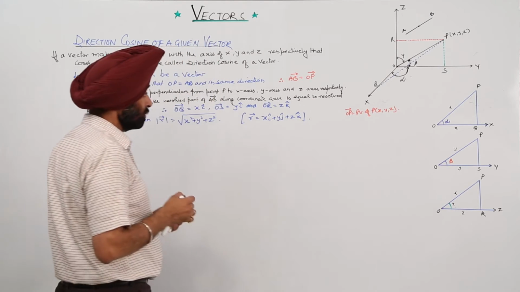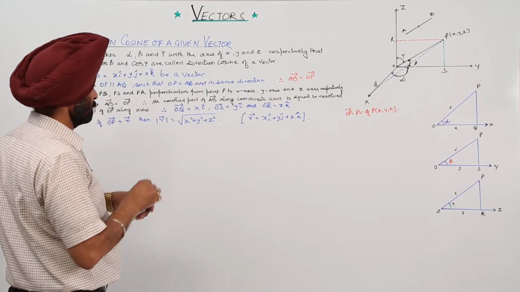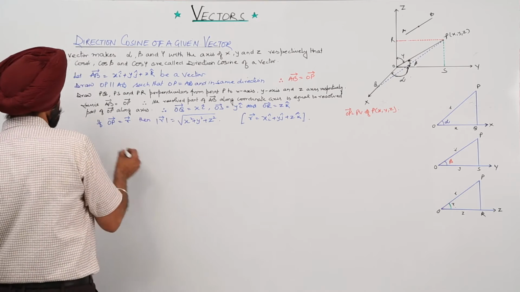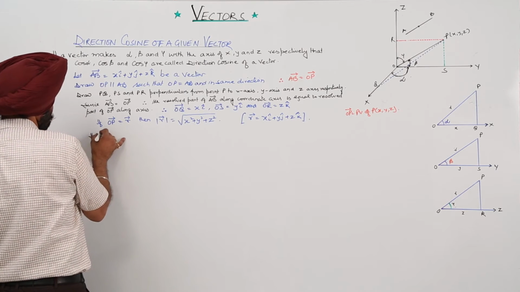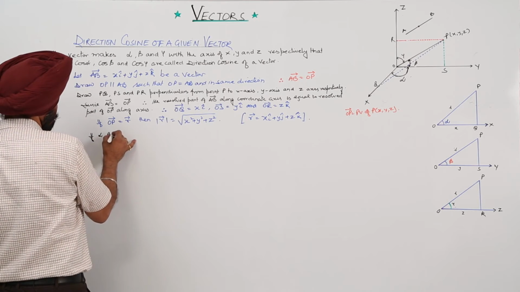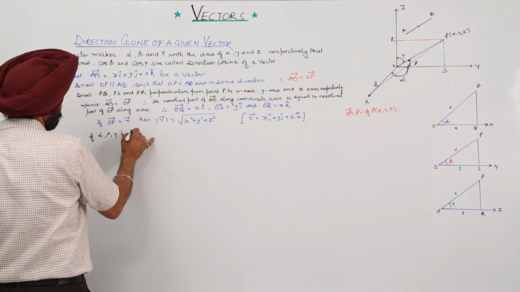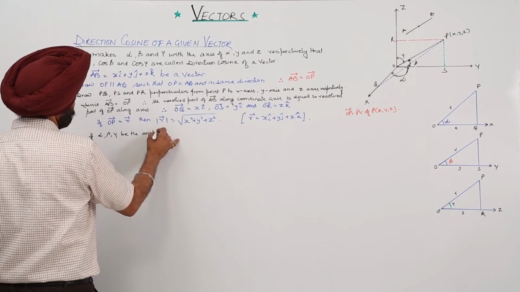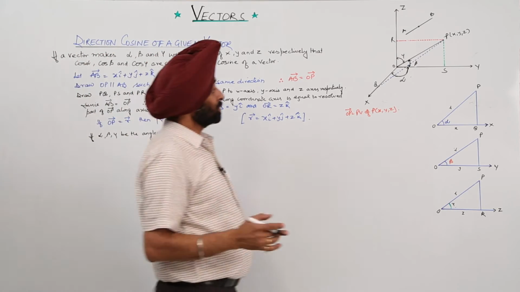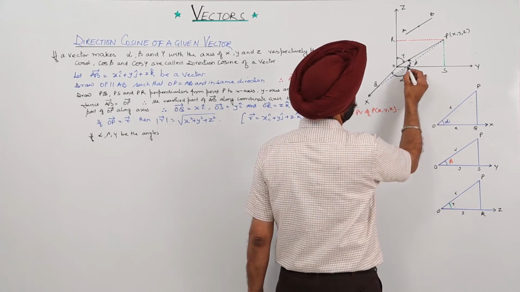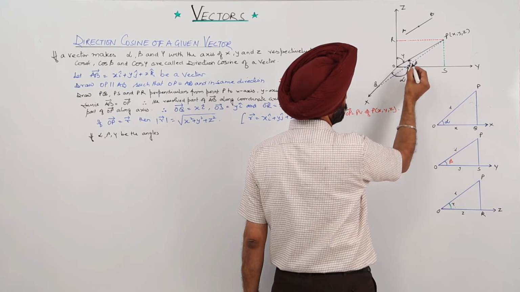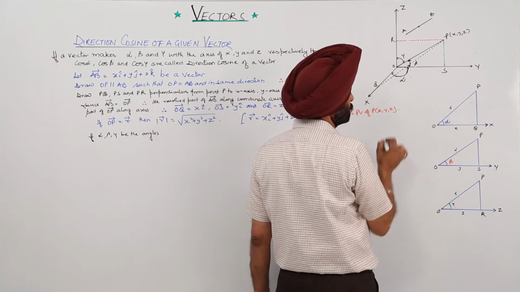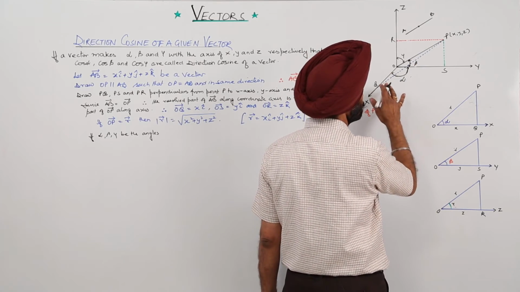Now if alpha, beta and gamma be the angles, alpha, once again just look here, alpha from here to here, beta from here to here and gamma from here to this point. Okay, so I have mentioned all the angles differently.